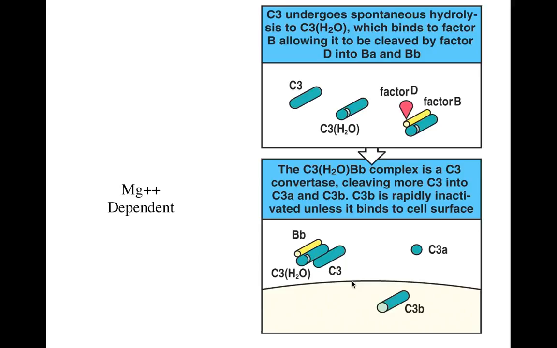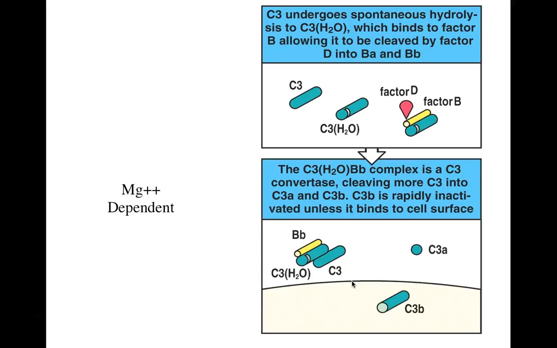The large fragment of factor B attaches to the hydrolyzed C3 and attaches to, essentially, the cell surface. That C3 with water and Bb complex is a C3 convertase.